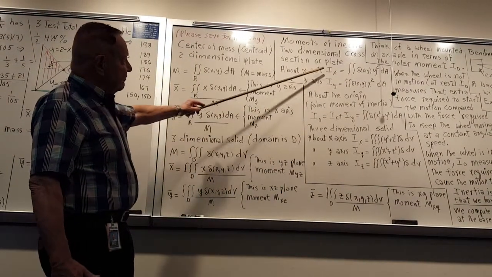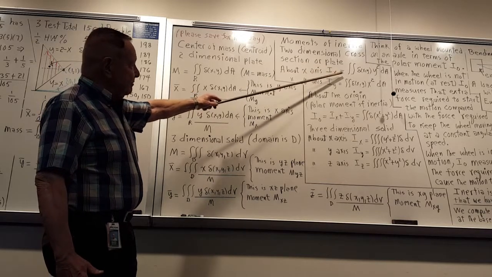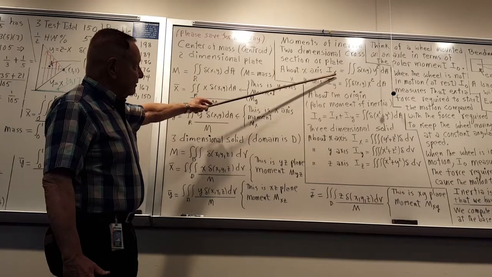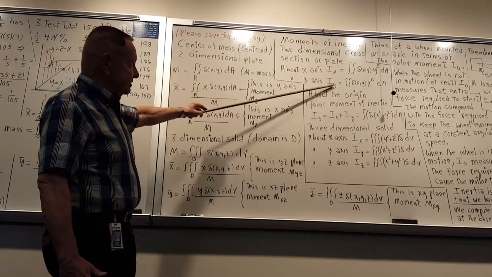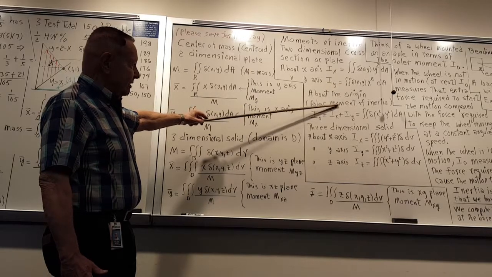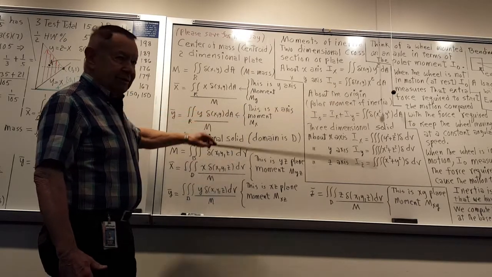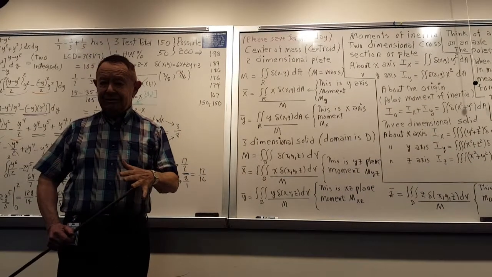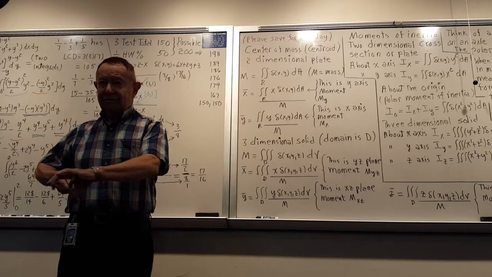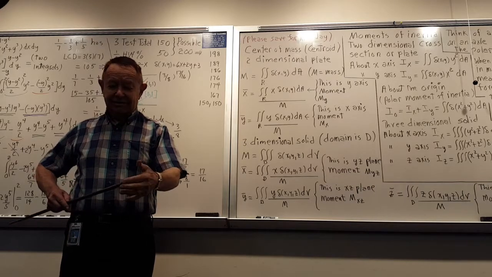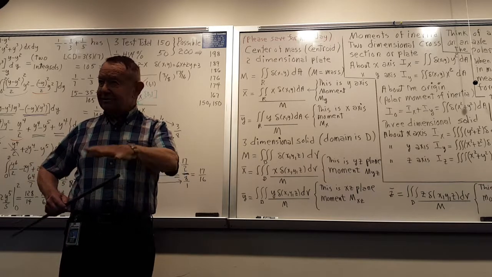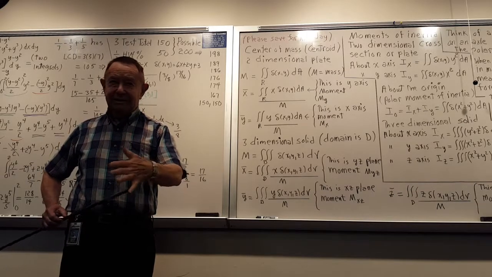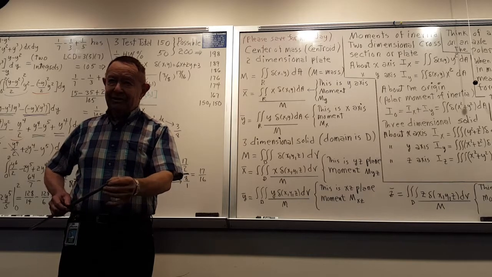So you can define for a two-dimensional cross-section the moment of inertia relative to the x-axis or the y-axis or the origin, which is what you call the polar moment of inertia. You'd use the polar moment of inertia if you think of a wheel that's mounted on an axle, and you're talking about the moment of inertia around what would be like the pole of polar coordinates, where the wheel is actually on the axle.